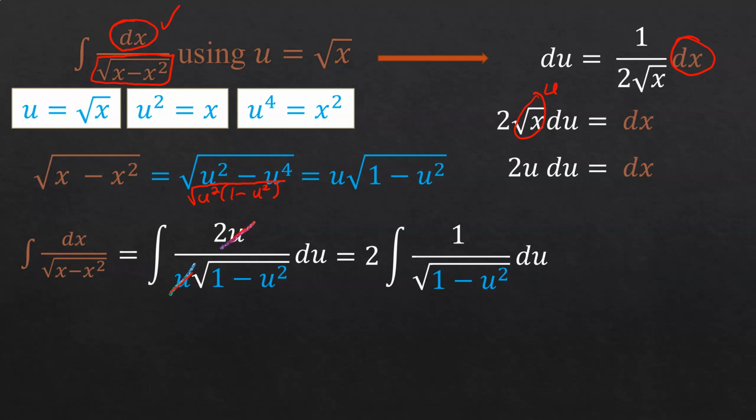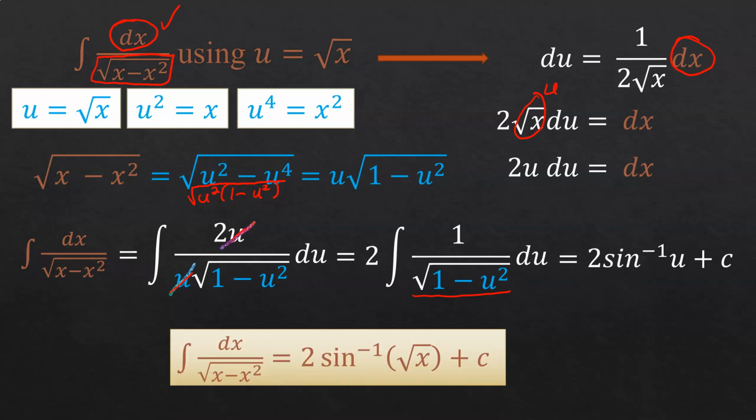And when I see this, I know that that is one of those inverse functions, and the integral of that is inverse sine of u plus c, and then you'll have a 2 in the front. So our final answer is going to be 2 inverse sine of square root of x plus c, because u is square root of x.